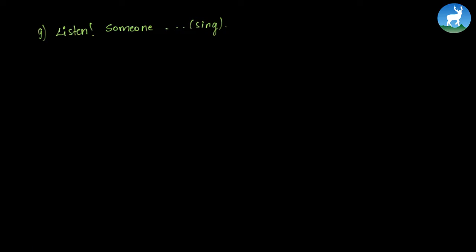So we understand that this is happening at this moment. So we use the present continuous form and say, listen, someone is singing. So we are saying this because someone is singing right now and you want the other person to listen to that voice.